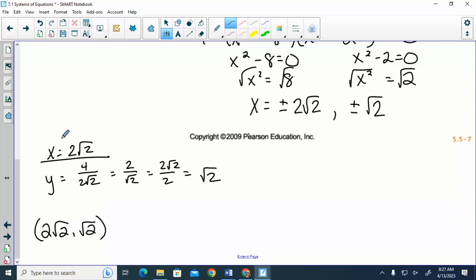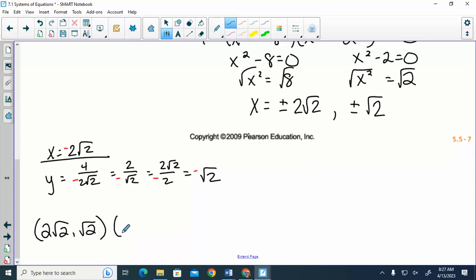What would happen if I plug in a negative for my x? All that would change is, if this were negative, that's negative. So my answer is just negative.